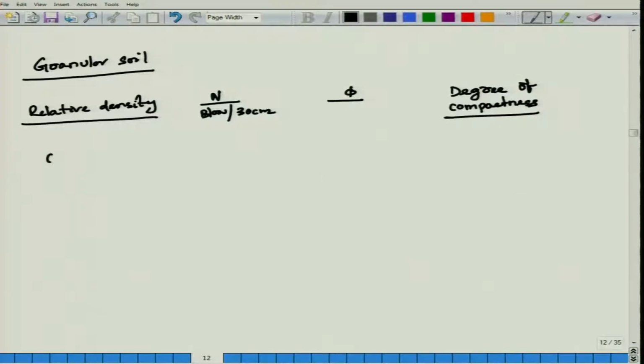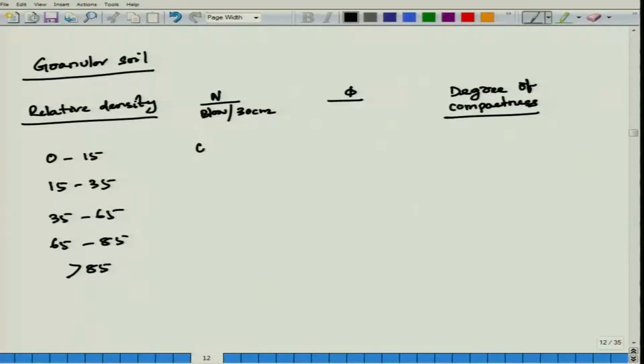Relative density: 0 to 15, 15 to 35, 35 to 65, 65 to 85, greater than 85.